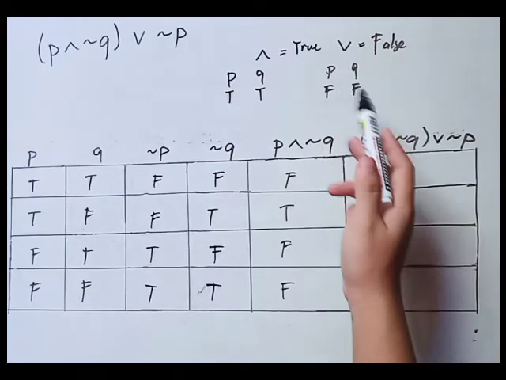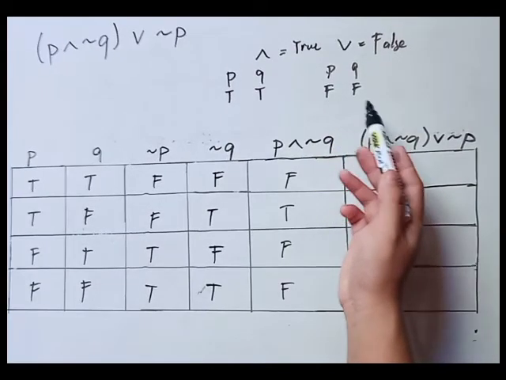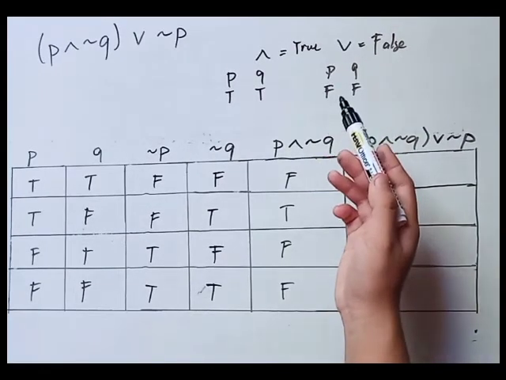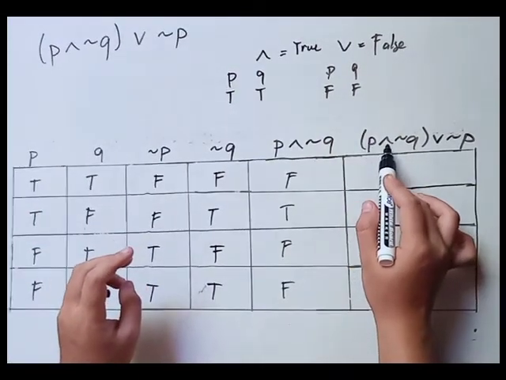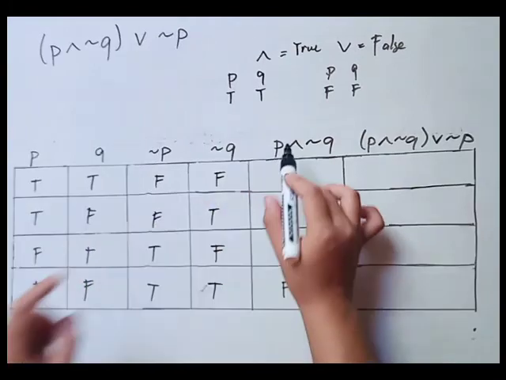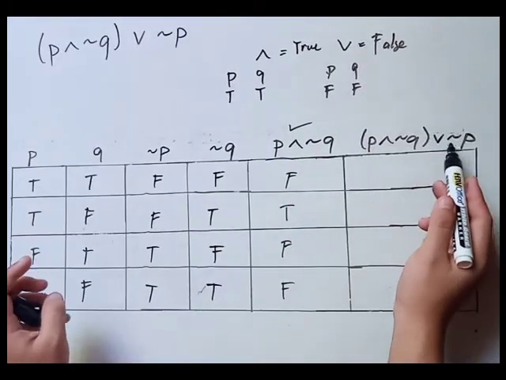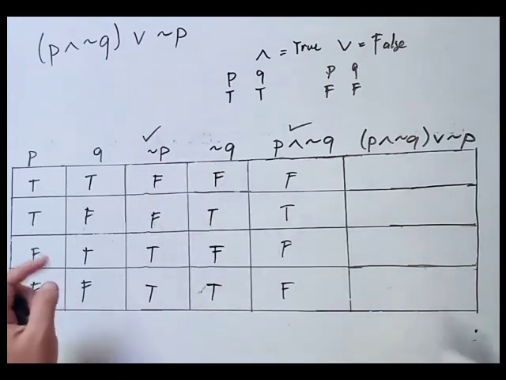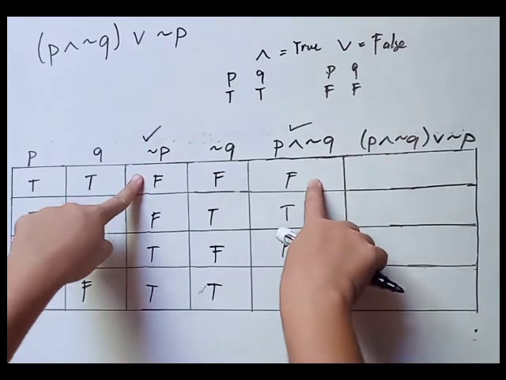Or in combining two variables, the truth values for these variables are both false. And because here we are combining P and negation Q, so this is P and negation Q, or negation P. So we are going to combine these two statements.